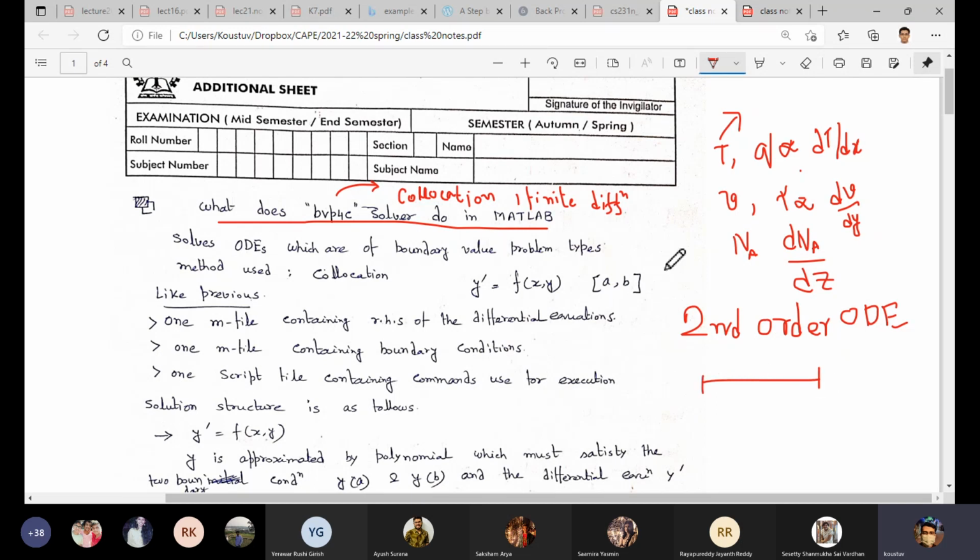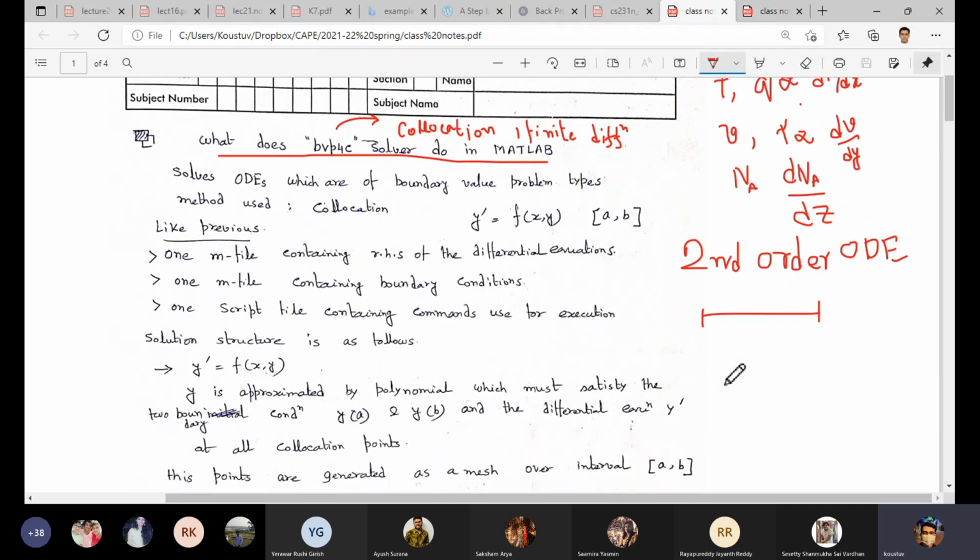So typically let's say these examples we can take and just reduce to a two-point boundary value problem, an ordinary differential equation. Let's say from a mathematical angle we just see this double derivative, y double dash, plus mod of y equals 0.